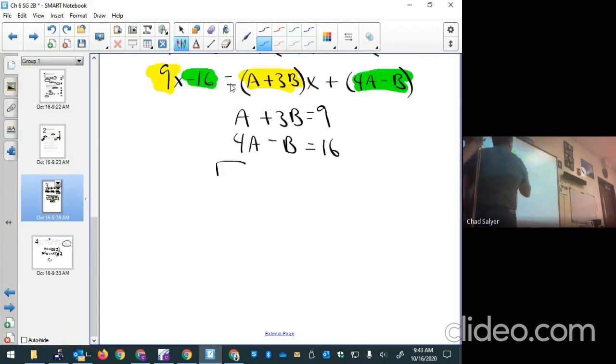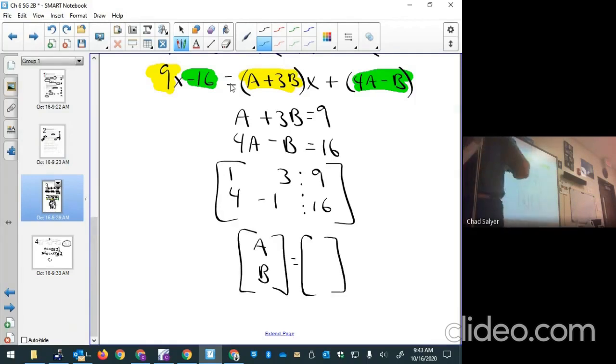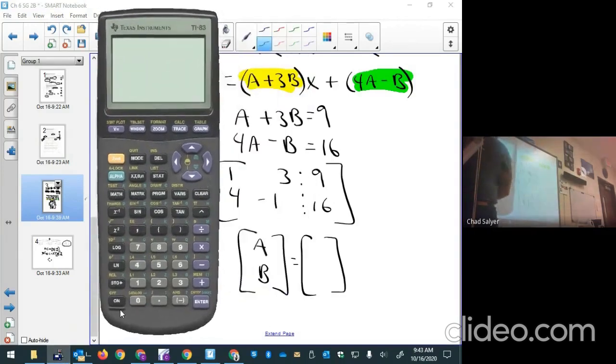So we create a matrix here. 1, 3, 9, 4, negative 1, 16. And so we're going to get A, B equals whatever the rightmost column of that matrix is after we RREF it.